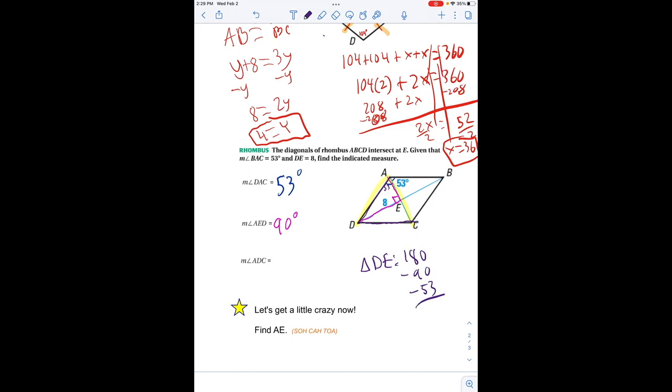So let's see how much is left. 37, but that would only be this inside piece. It said ADC, so that would be 37, and this would also be 37. So 37 times 2 is 74 degrees. That's one way to solve it.